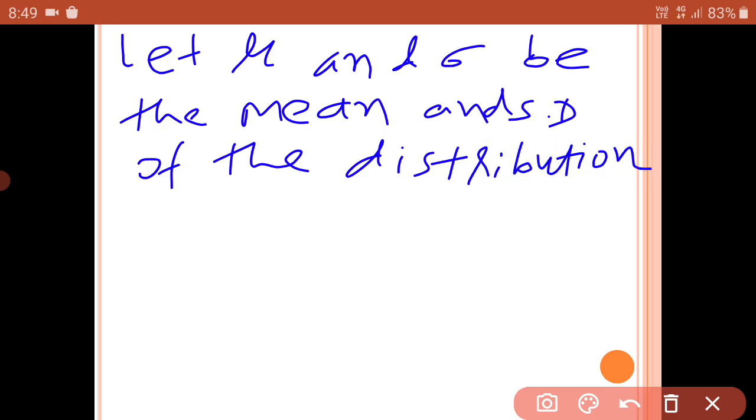First you write this line: let mu and sigma be the mean and standard deviation of the distribution.